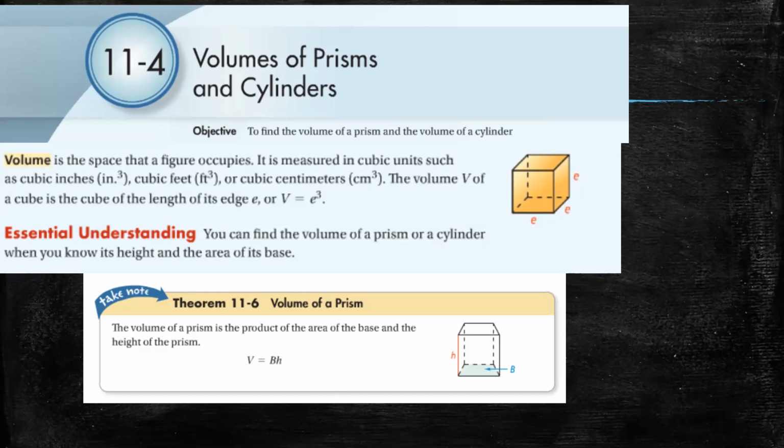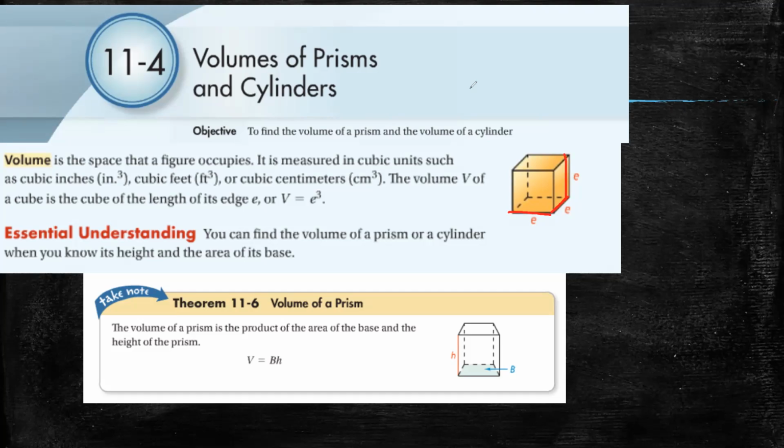The volume of the cube is any edge raised to the power 3, or edge cubed. So this is for the cube. If you have this cube as an example and you want to find its volume, you will see that this is an edge, and this is another edge, and this is the third edge.